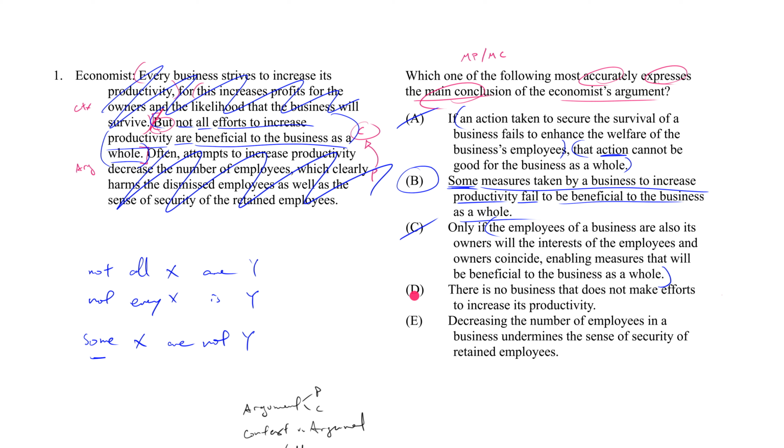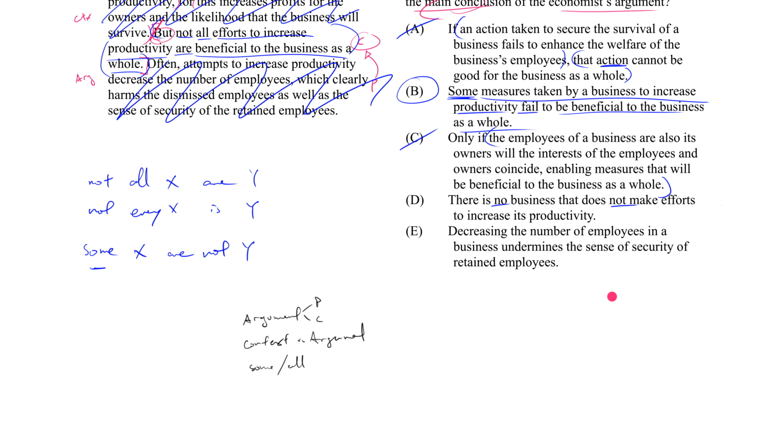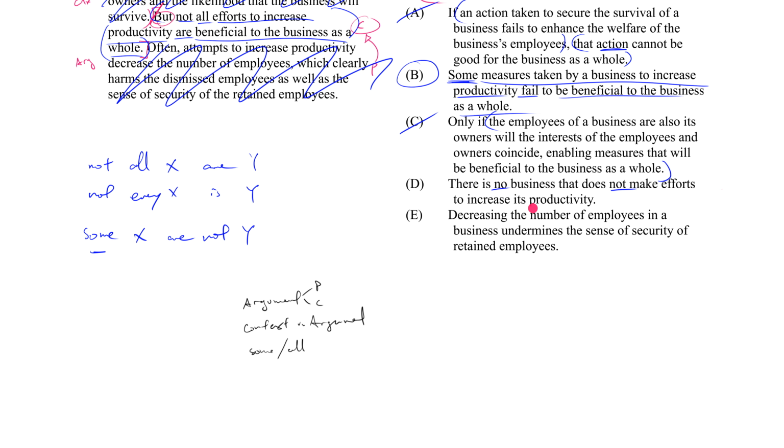D is also a wrong answer, but it's wrong for a different reason. D says there is no business that does not make efforts to increase its productivity. So there's a double negative in here, right? And again, do a translation so that the double negative goes away. And here, knowing that you can apply formal logic to this, perhaps you can abstract away from the difficulties introduced by the complexity, all the unnecessary details of this particular sentence.